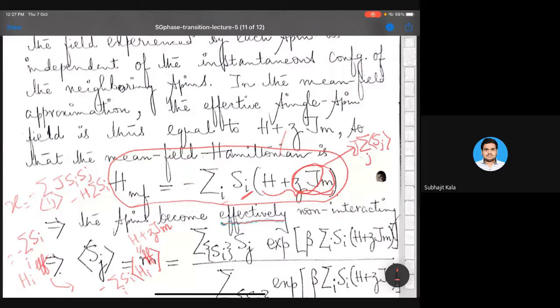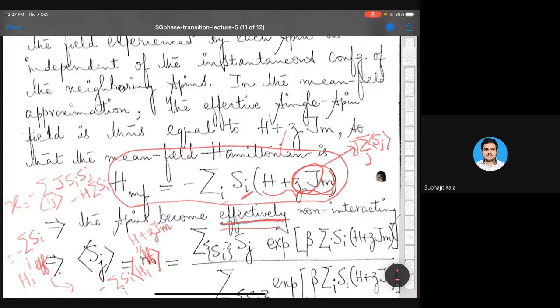It has kind of put on a mask over his whole face, so that his face can no longer be recognized, but he is there. He has not absolutely disappeared. That's why we say effectively non-interacting. Clear that it is not exactly non-interacting, it is only effectively non-interacting. Fine.